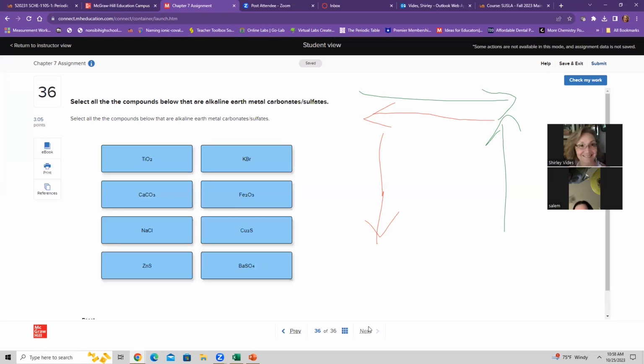Okay. Carbonates and sulfates. So alkaline earth, though. Alkaline earth is going to be beryllium. That's not on here. Calcium. Calcium's on there. Barium. Barium's also there. That's a sulfate.